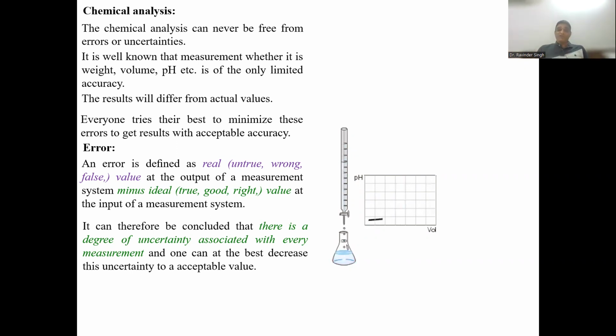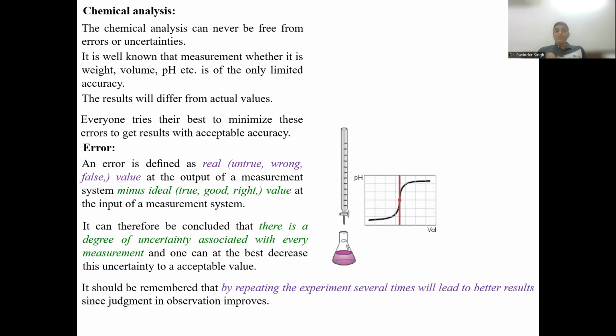We are doing our best so that the error either may be 0% or that particular 0.1%, not more than that. We are doing our best, but we all should remember that by repeating the experiment several times, that may lead to better results.